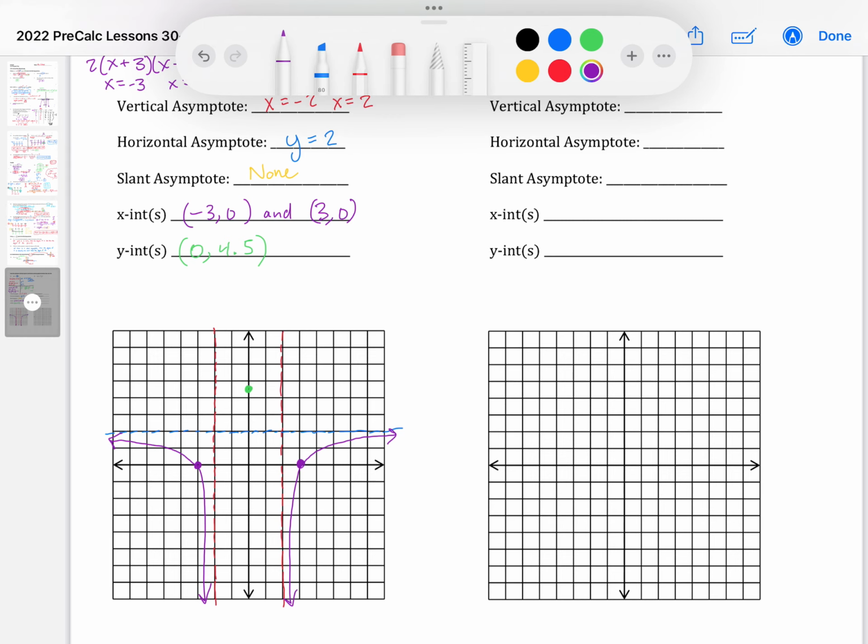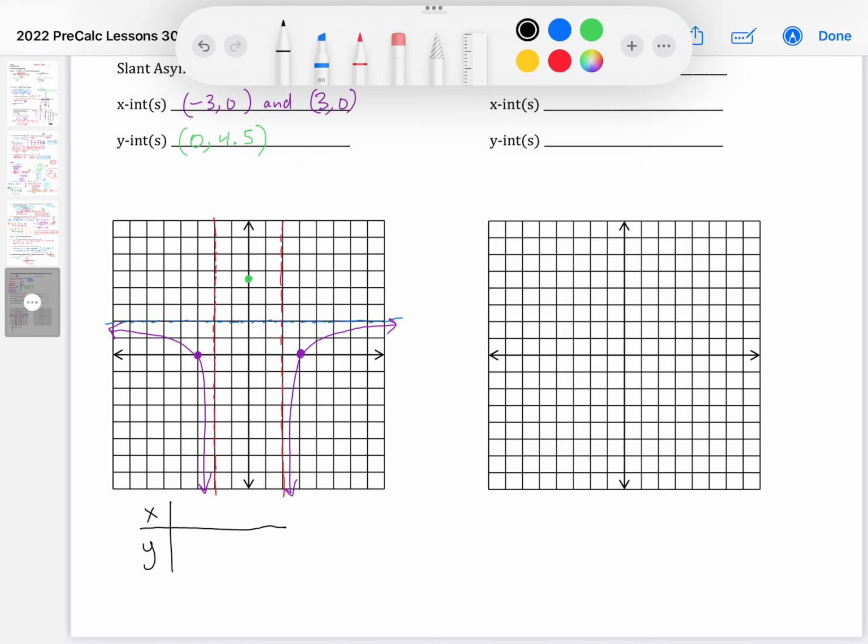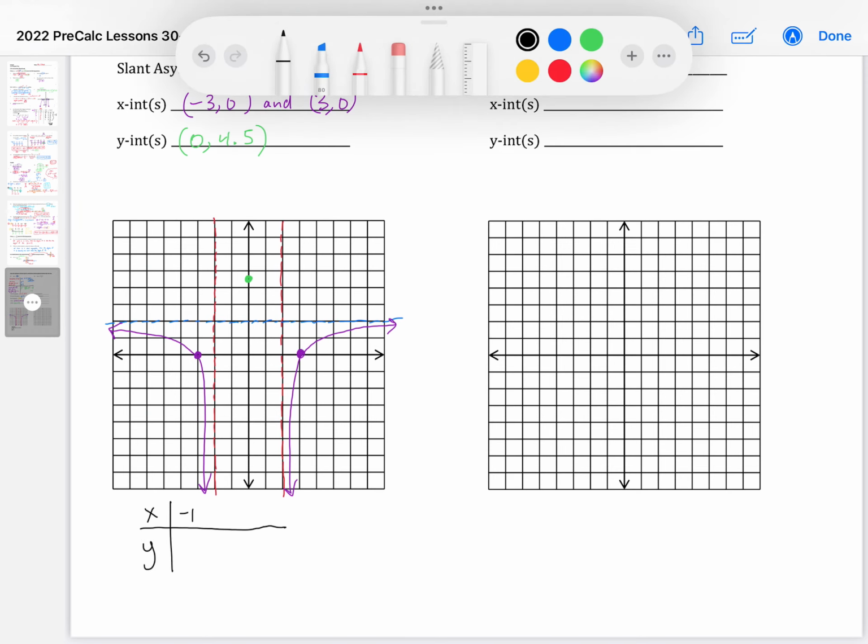So I have to figure out what's happening in the middle. So I'm going to make a little table. I already know that if I plug in 0, I get 4.5. But what if I plug in negative 1? Well, then I get positive 5.3 if you do all that work. So at negative 1 for x, I get 5.3 for y, which is about there.